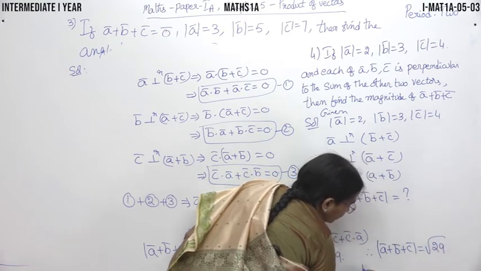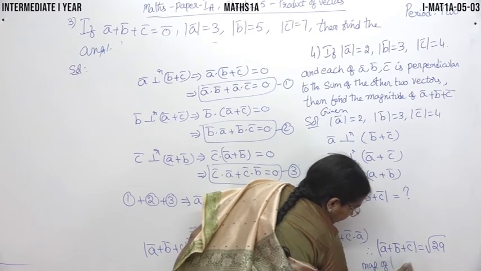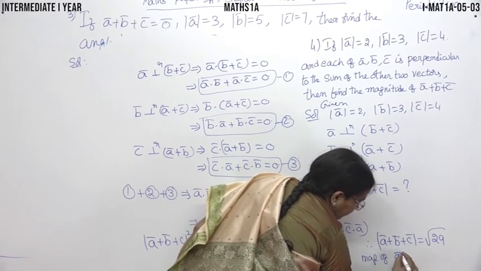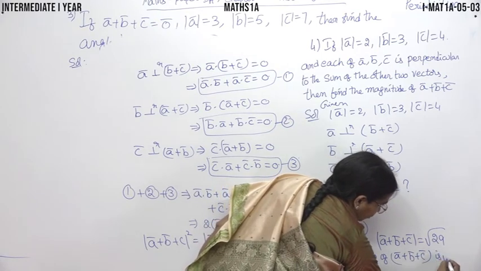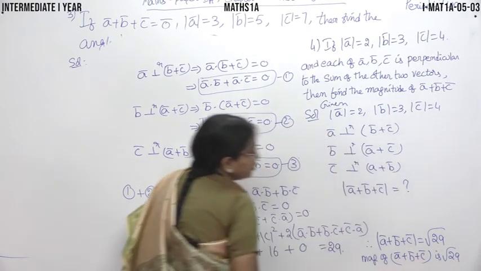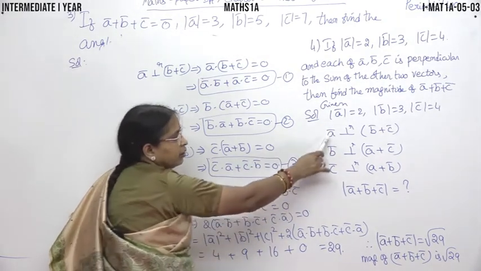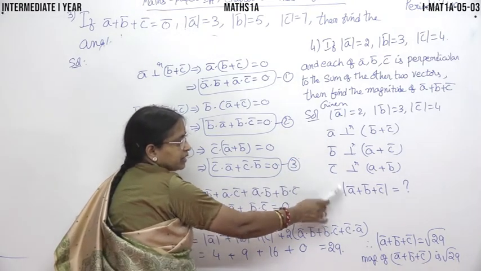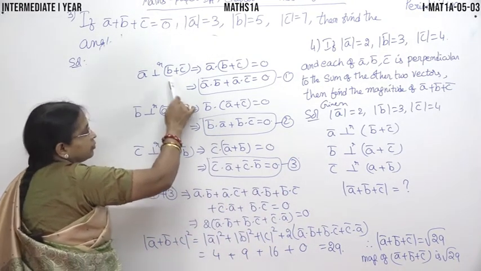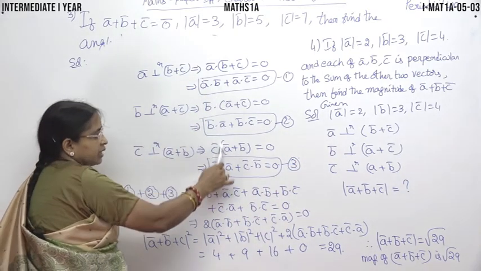So the magnitude of A plus B plus C is root 29. You are given mod a, mod b, mod c values, and then you are given that a is perpendicular to b plus c like this. You must find this. According to these three conditions, we got these three equations.